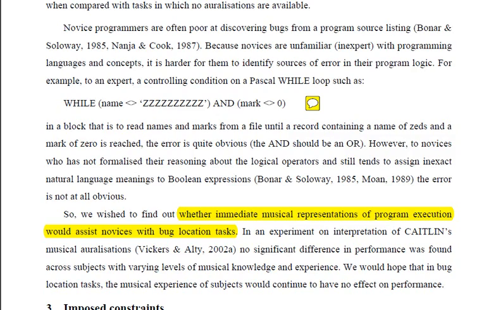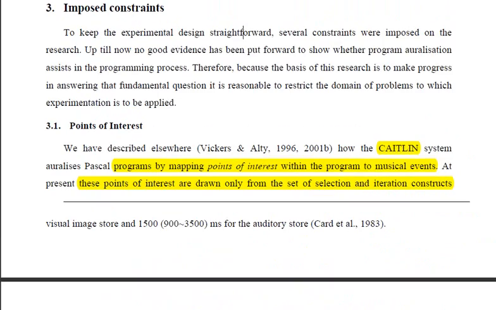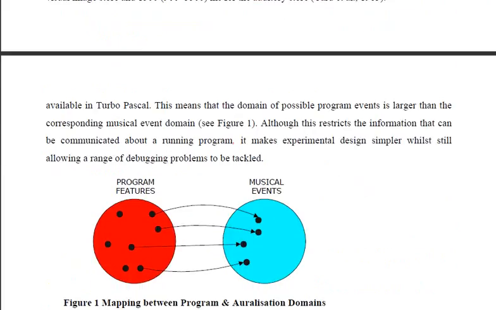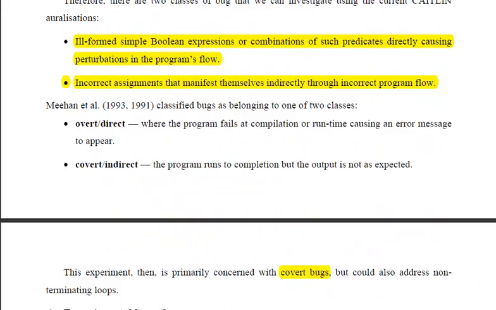Then, in section 3, they do something that most other papers do a lot later, which is talk about the imposed constraints, the scope of the work. So research is not about selling your work, it's about stating exactly what you did and exactly what you didn't do. So these imposed constraints are that it only touches certain points of interest in the programming language. There's only control flow bug types in there.